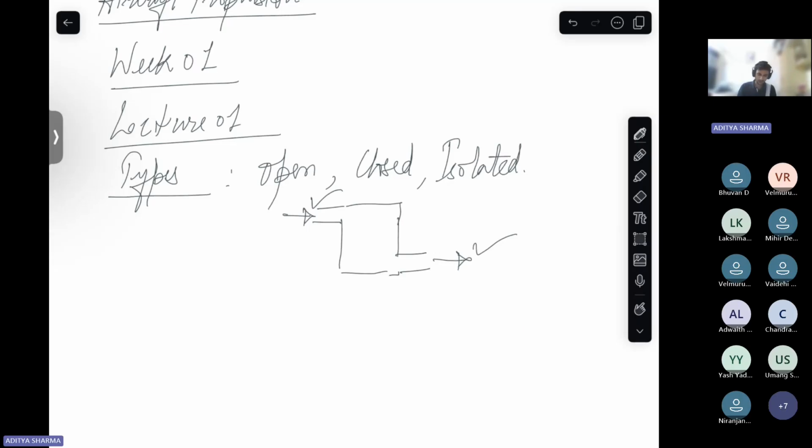So I was talking about this open system. Yes, for Siddharth it's audible. For Akshat it's blurry. So maybe you can check your audio devices.